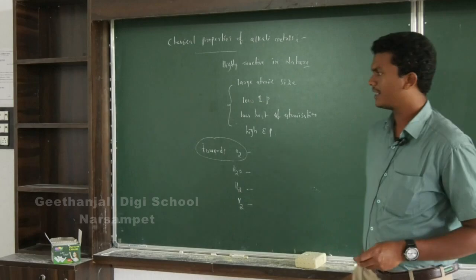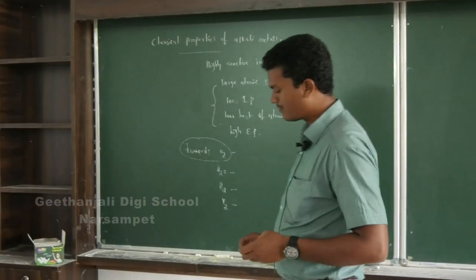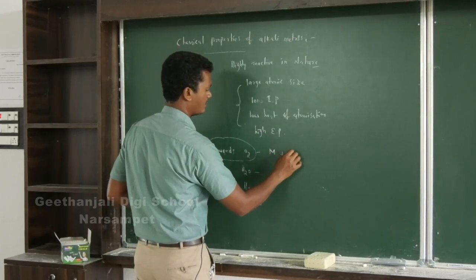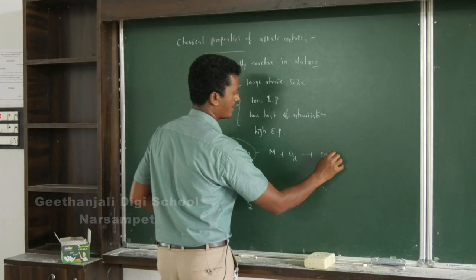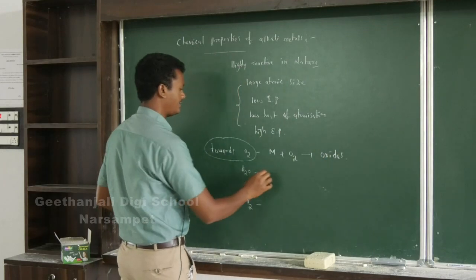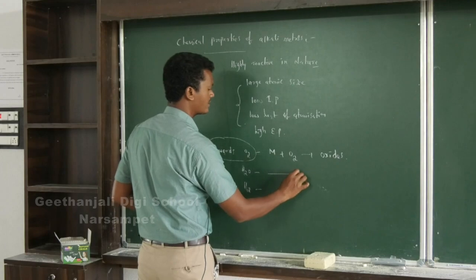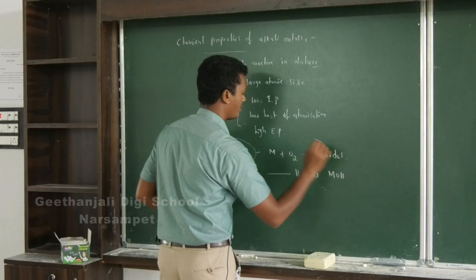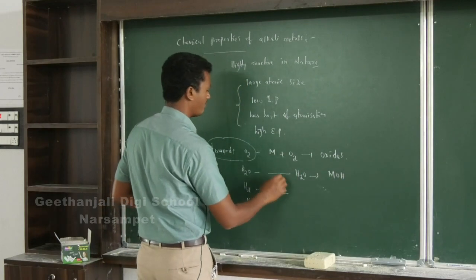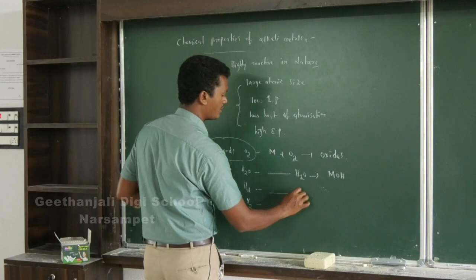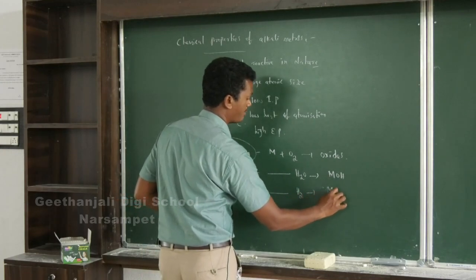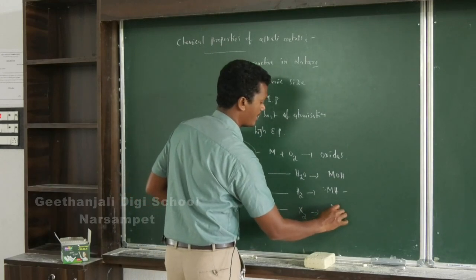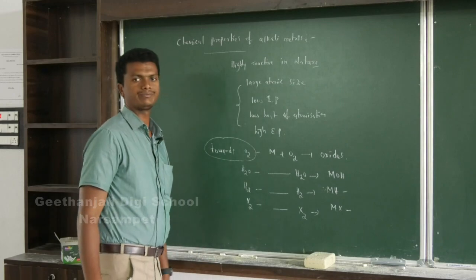When they react with oxygen, the compounds formed are called oxides. When alkali metals react with water vigorously, they form MOH type hydroxides. When they react with hydrogen, they form MH type hydrides. When they react with halogens, they form MX type halides.